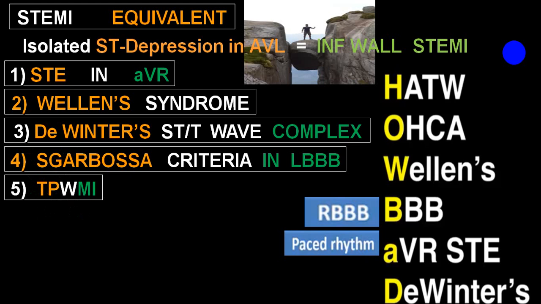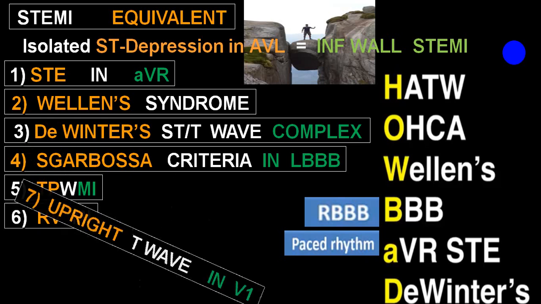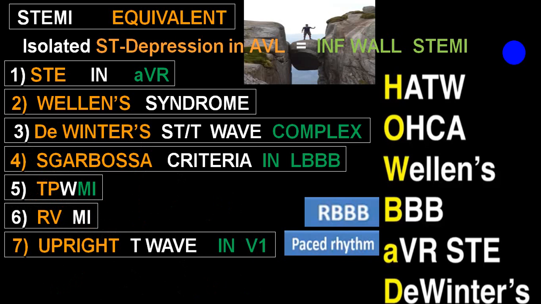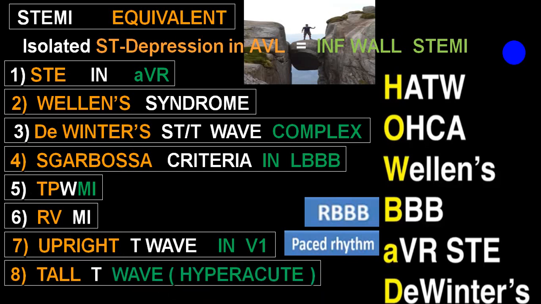Then you should also look for ST depression in the leads to rule out true posterior MI, also to find out RVMI. Then look for upright T wave in V1, a very important clue in case of a true posterior MI. And also you might come across tall T waves, or what we call hyperacute T waves, in case of an RVMI, which is mentioned here.